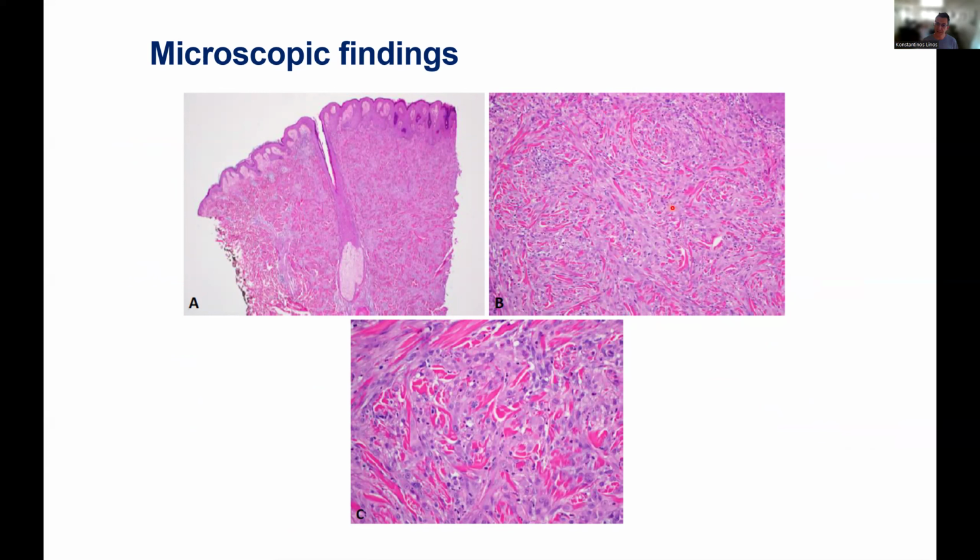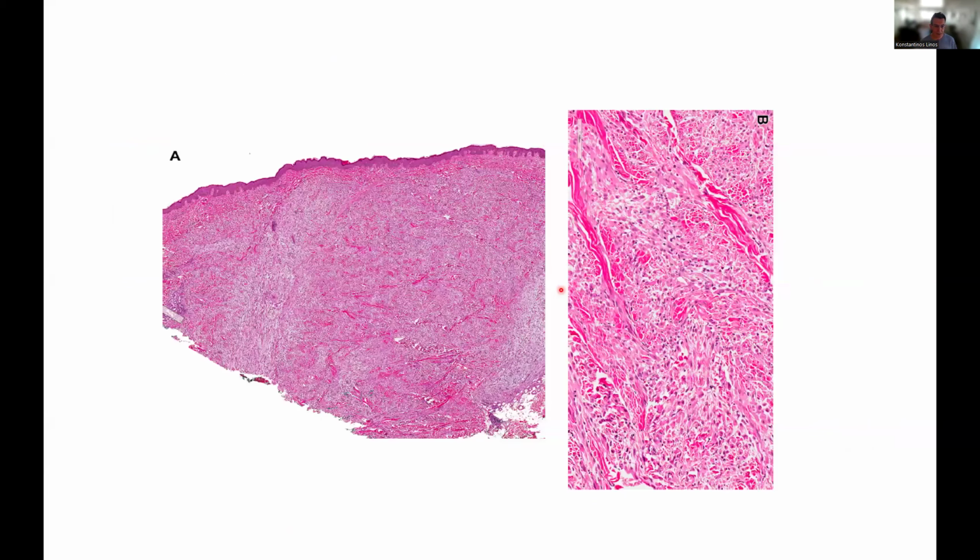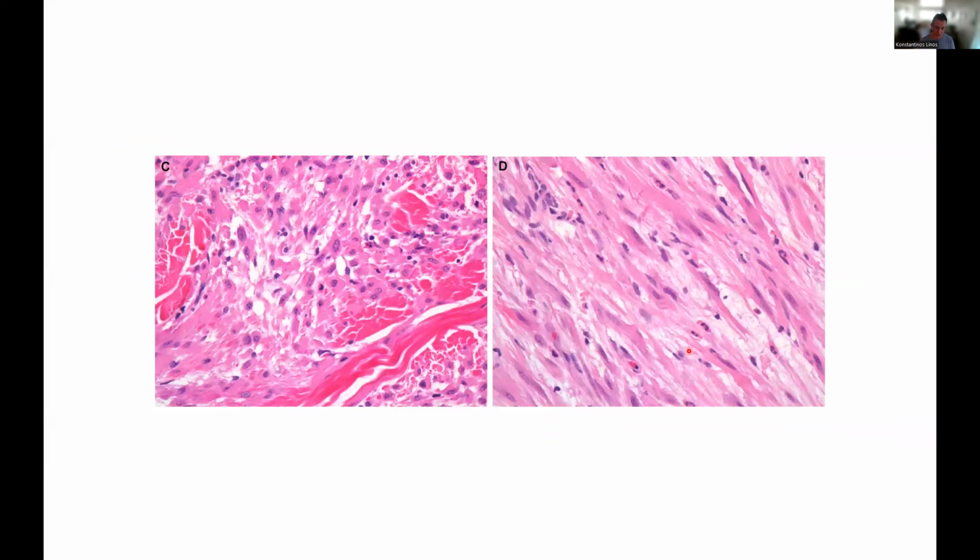It has these sheets and loose fascicles of spindle cells with abundant brightly eosinophilic cytoplasm, vesicular nuclei and small nucleoli, with low mitotic activity and no significant cytologic atypia. Again, it looks pretty infiltrative, looks quite pink from medium power with these intersecting fascicles, and it has this myogenic look, but it doesn't stain for myogenic markers.